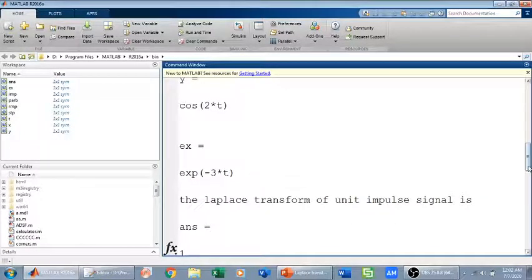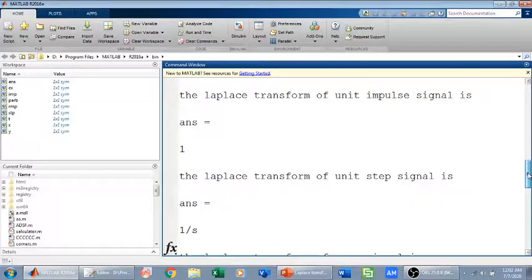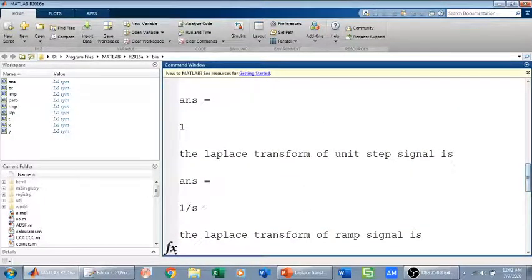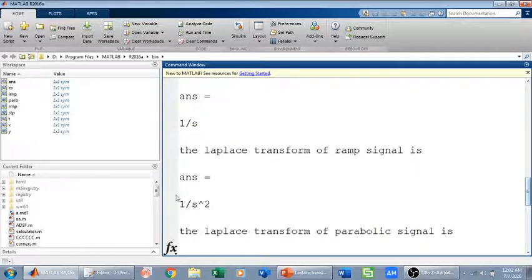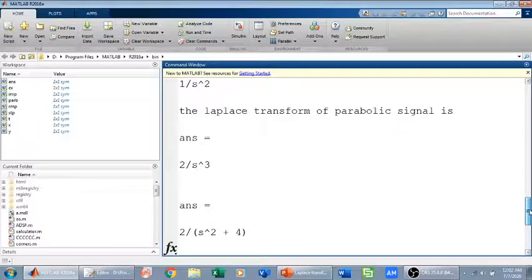The Laplace transform of unit impulse signal is 1. The Laplace transform of unit step signal is 1 by s, as I mentioned earlier. The Laplace transform of ramp signal is 1 by s square. The Laplace transform of parabolic signal is 2 divided by s cube. Parabolic signal is t square, so its Laplace transform is 2 divided by s cube.